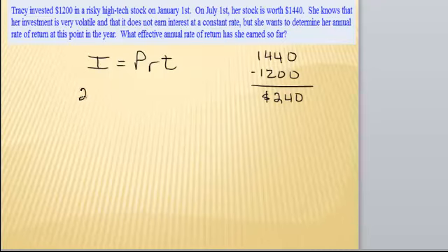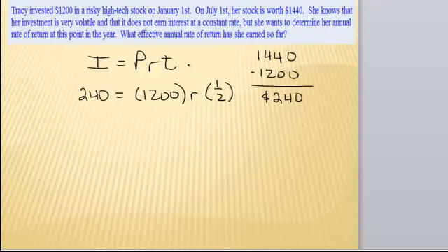So that would be the I. The principal is what she started with, which is $1,200. We don't know the rate. And we know that the time is from January 1st to July 1st. That's 6 months. So 1/2 of a year. Remember, in this formula, time is always in years.